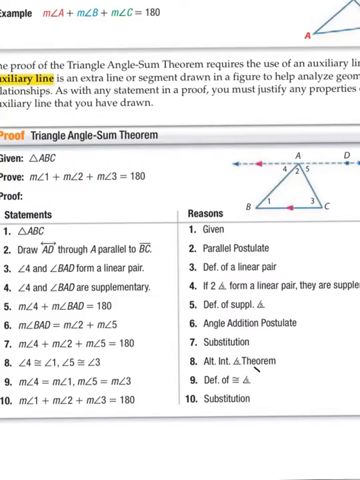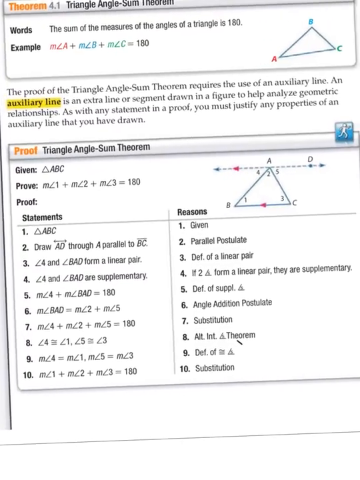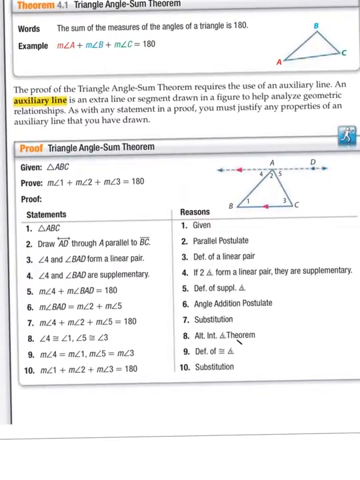basis. Let's move on. In 4.2, we want to make sure we understand the proof of why there's 180 degrees in a triangle. So if you'll look at this with me, we're given triangle ABC. We have to prove that angle 1 plus angle 2 plus angle 3 equals 180.